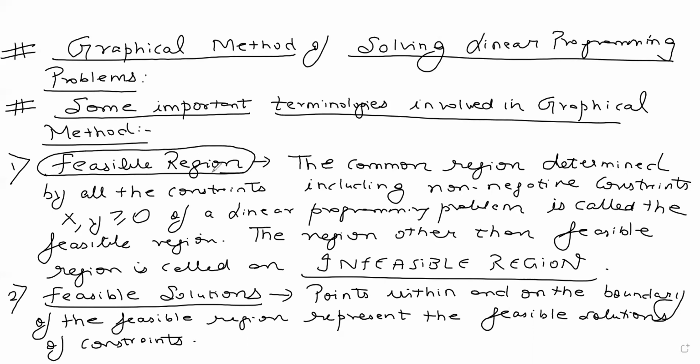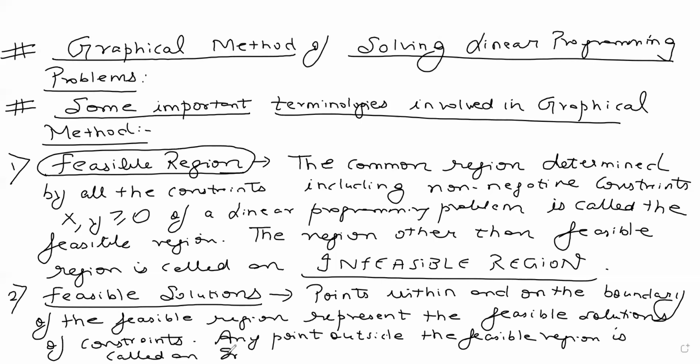Those points which lie within and on the boundary of the feasible region are going to represent the feasible solutions of the constraints. And then I can write: any point outside the feasible region is called an infeasible solution.